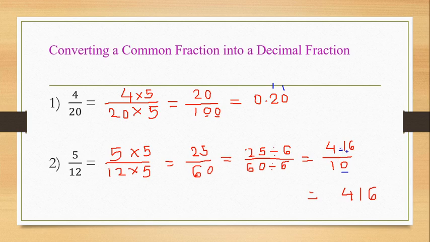So we are not going to count the decimal place to the left side from 6. We are going to count from 4. So our decimal place appears here, and the 0 appears here. So our answer is 0.416. Clear children? This is the answer.